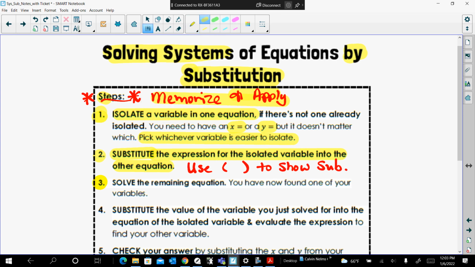Then, step 3, you're going to solve the remaining equation. This requires you to distribute and solve for the variable. So to solve the remaining equation, you will need to distribute and solve for the variable.